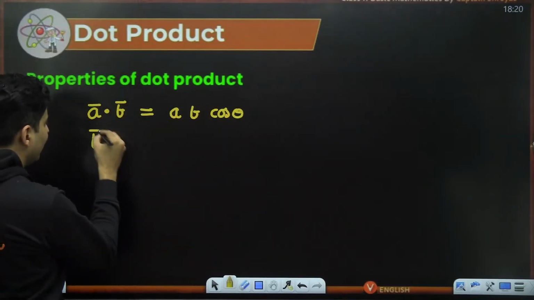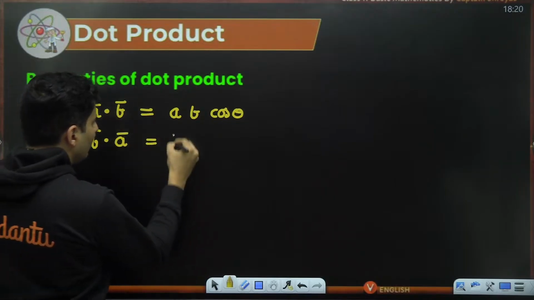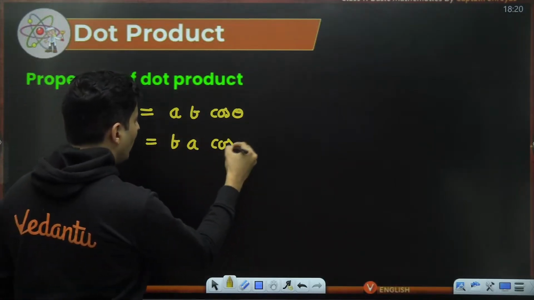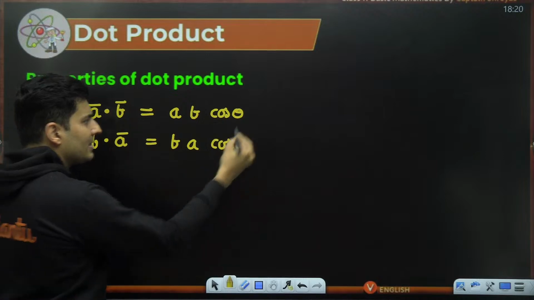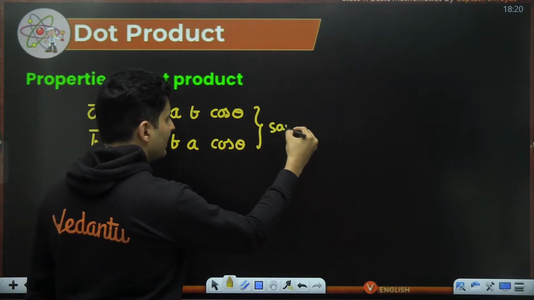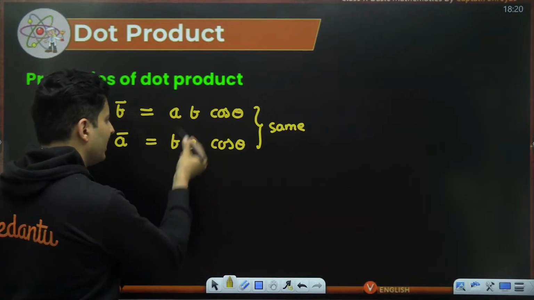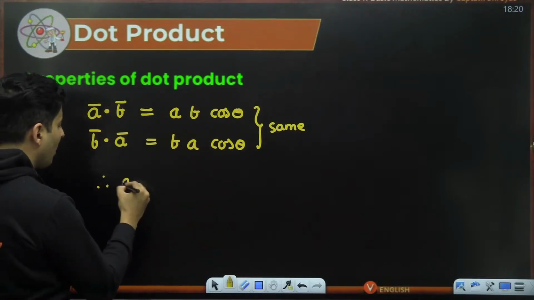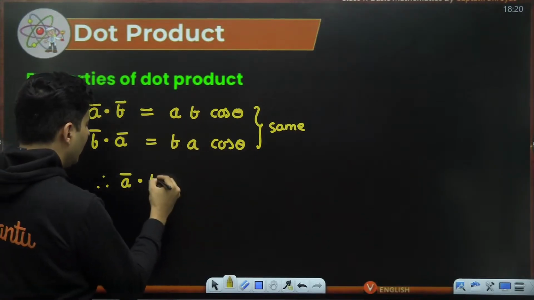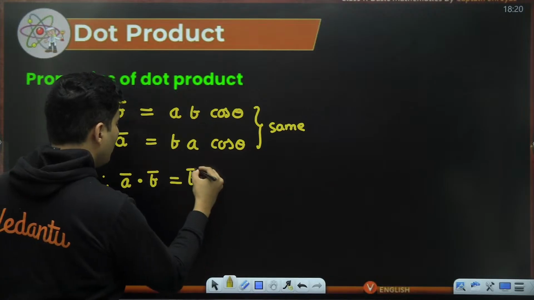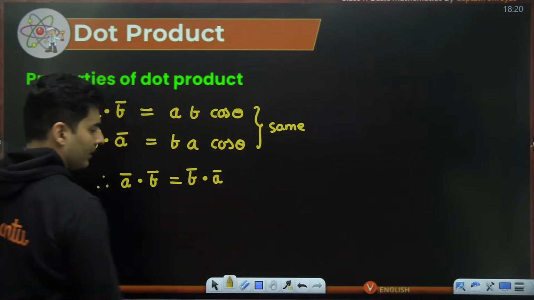If I do B vector dot A vector, it will be B into A into cos theta. The answer is the same, whether you multiply 5 into 3 or 3 into 5. It's the same thing. These are magnitudes. So therefore, one can easily conclude A dot B is nothing but B vector dot A vector.